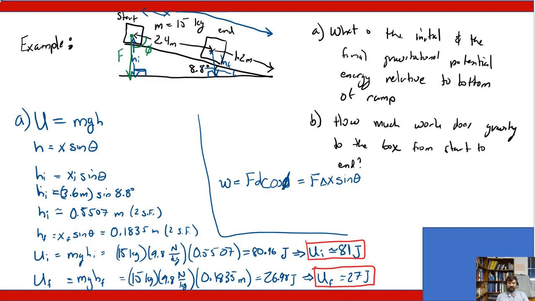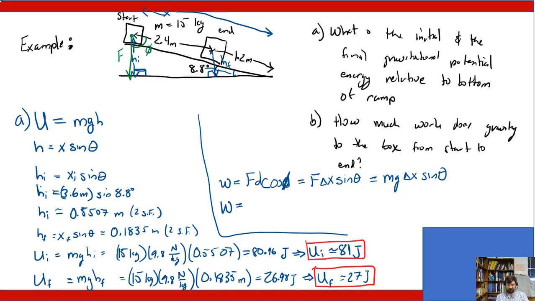Remember that opposite angles on a right triangle means that the cosine of one is the sine of the other. So the work done is force, which is m times g, times delta x times sine of theta.